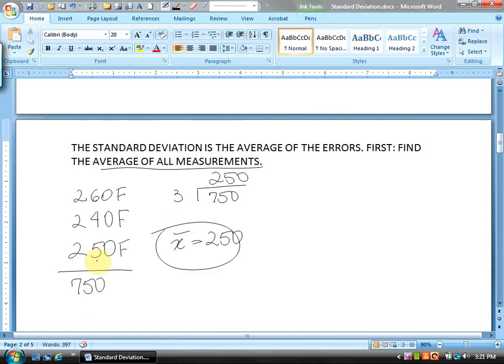Now, how do we find the standard deviation? Well, the standard deviation is the average of the errors. So what is the error? Let's make a line, and we're going to say this line is 250, which is the X bar. Let's look at the first hose. It melted at 260.